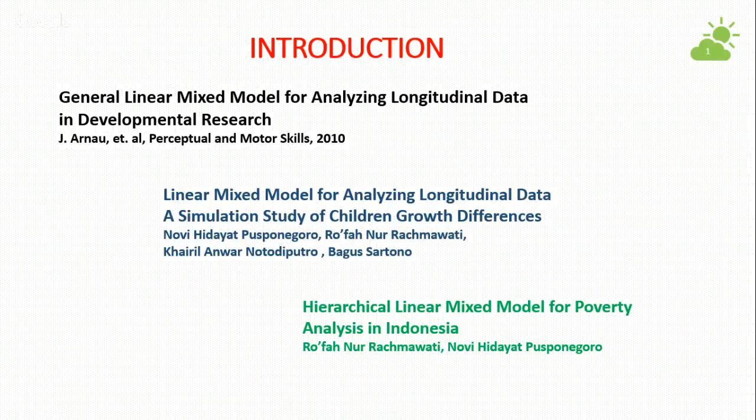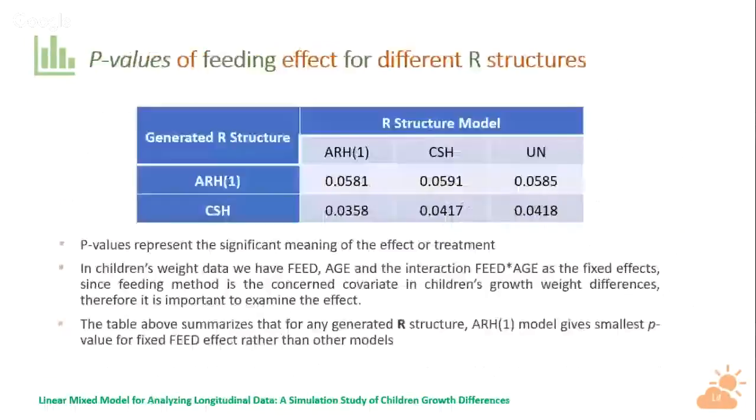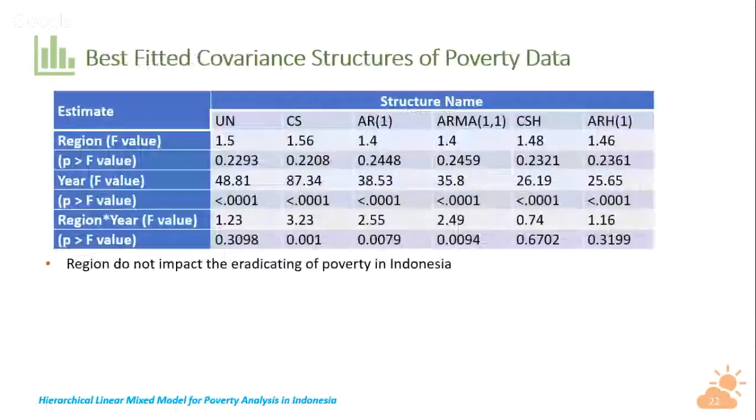In the 20th slide, we show the value of the parameter estimate, and we also show the p-value of the parameter estimate, by each variance covariance matrix structure. For example, in the first line, the parameter estimate of region is 1.5, but the p-value is 2.0, if we model the variance covariance with the unstructured covariance matrix.